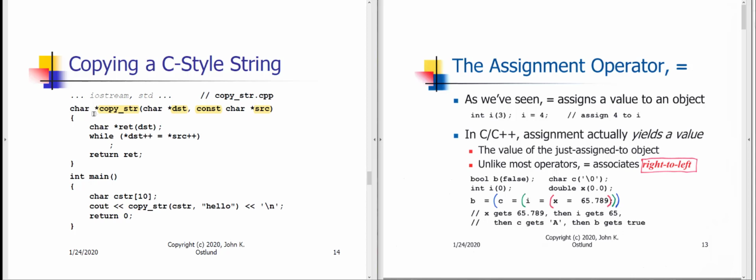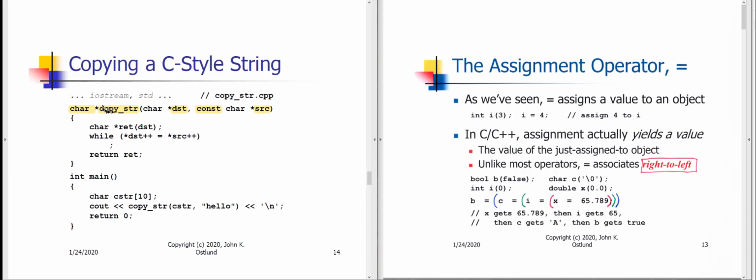Finally, notice that copy stir is returning a pointer to char when it's all done. In particular, it's going to return the address of the destination array so that we could have nested copy stir calls if we wanted to. We're not doing that in this particular simple example.